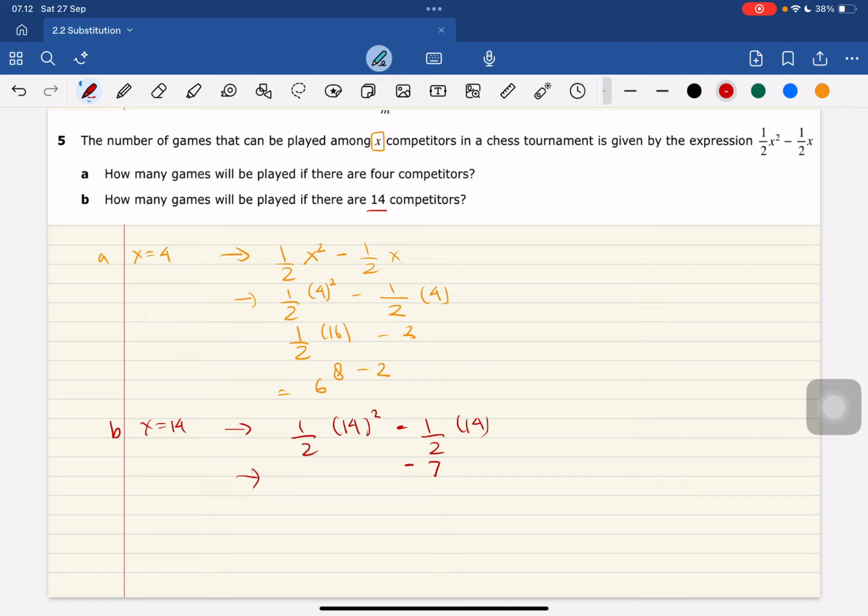So this will give us the answer of 196. This we multiply by a half. So this is going to be 98 minus 7. So there will be 91 games if there are 14 competitors.